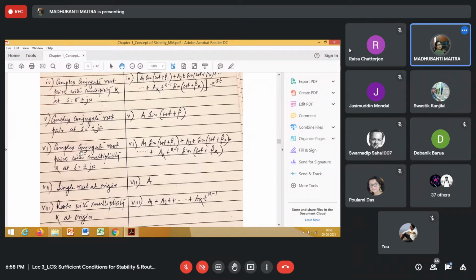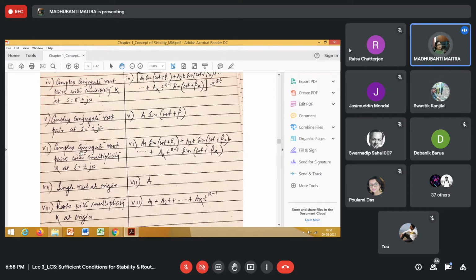What was the nature? Can you show me the examples? Better you post the examples in the group. And were you considering a linear system or a non-linear system? A linear system.